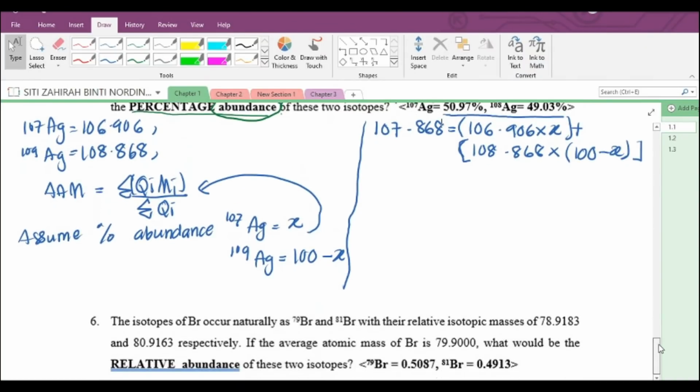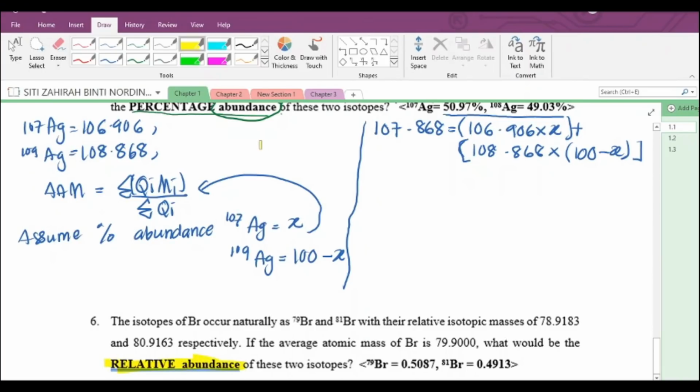For question 6, it is the same as question 5, but question 6 asks you to find the relative abundance.